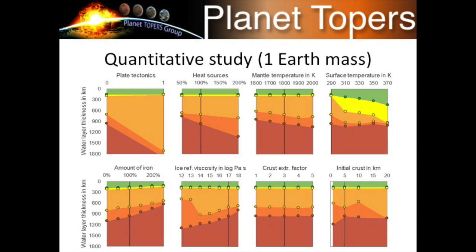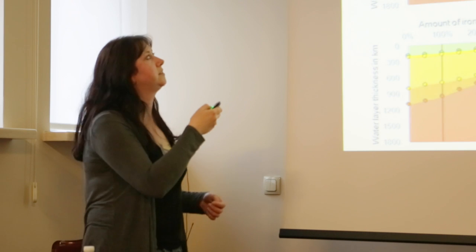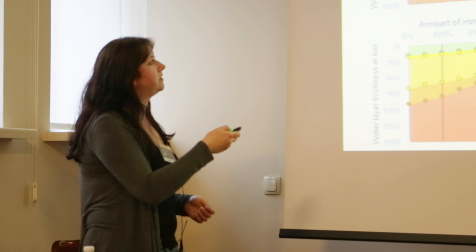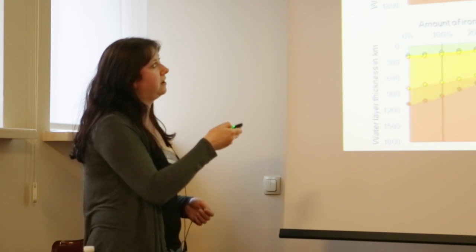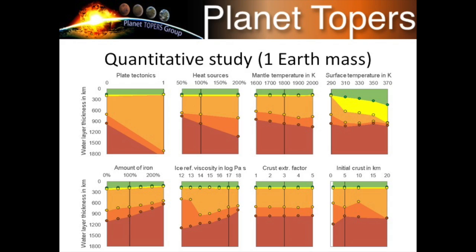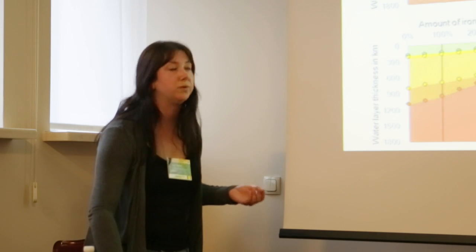And what you can see is, for example, that if you have plate tectonics, so 1 means plate tectonics, 0 is stagnant lid, this habitable or episodic habitable regime extends to much, much deeper layers. Heat sources also have a slight effect, as well as the initial mantle temperature. The surface temperature actually has the strongest effect on this stable lower ocean layer. And there are other effects that have a less interesting influence on the results.